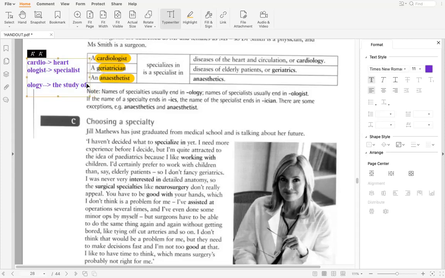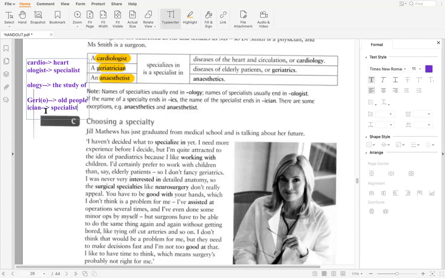The second one is geriatrician. We have taken that geri or gerio means old people. So geriatrician is what? ician means again specialist.